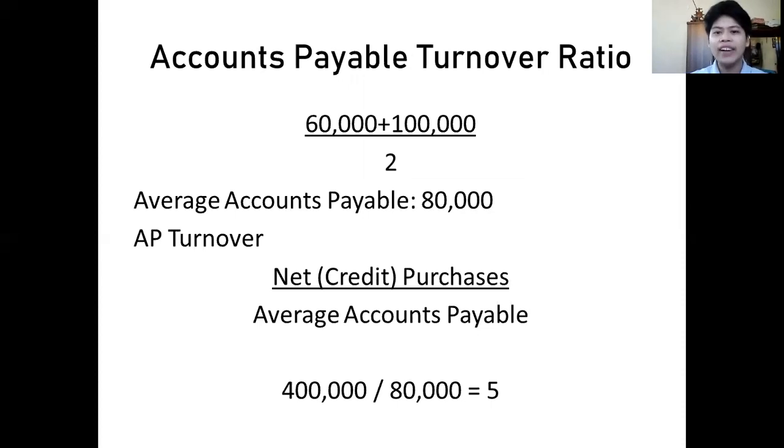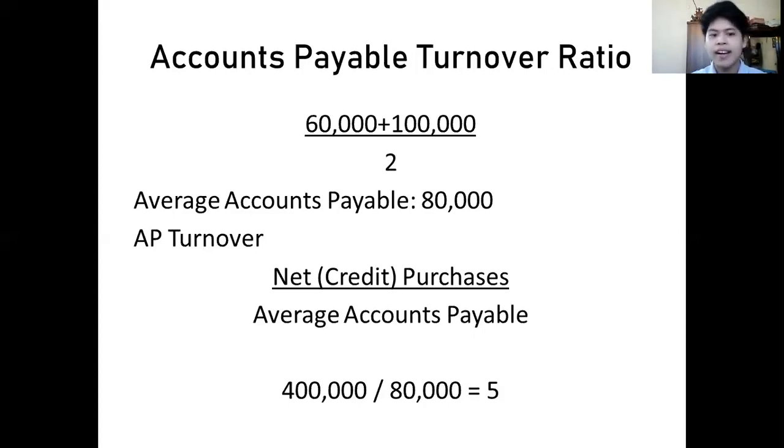Ito, accounts payable turnover ratio. So, again, average, 60,000 plus 100,000. Ito yung accounts payable beginning and ending divided by 2. So, our average accounts payable is 80,000 pesos.